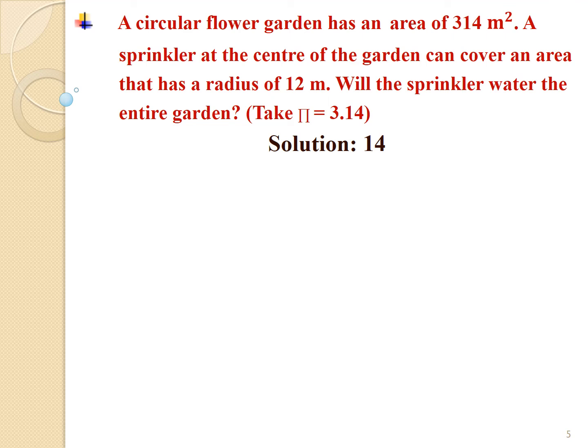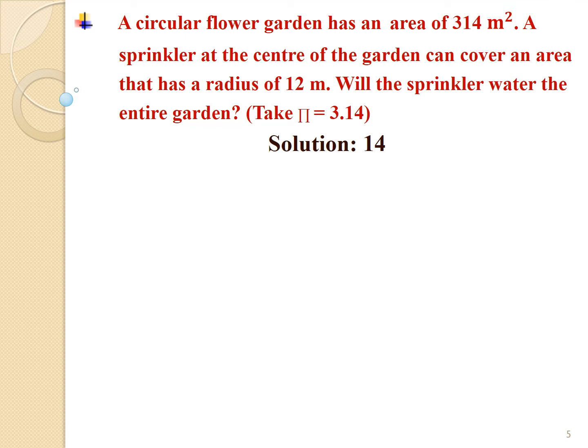Students, in this question, area of circular flower garden is given to us. It is also given that the sprinkler covers an area that has radius of 12 meters. And we have to find whether the sprinkler will water the entire garden or not.